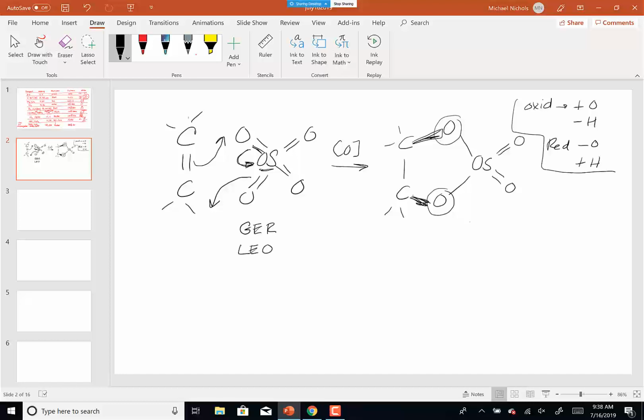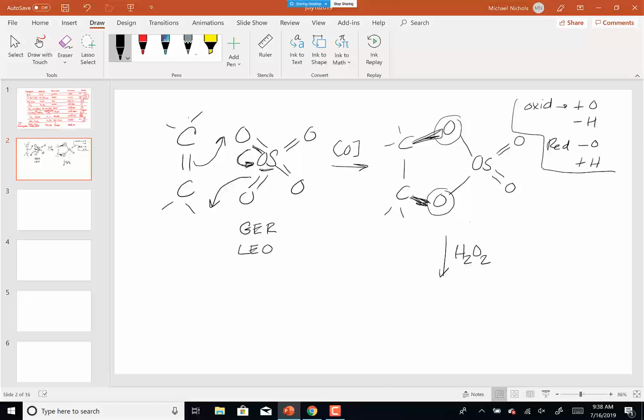So what you do is you use a small amount of osmium, and then you react the whole molecule with hydrogen peroxide. Now, hydrogen peroxide is an oxidizing reagent. That's what its job is.